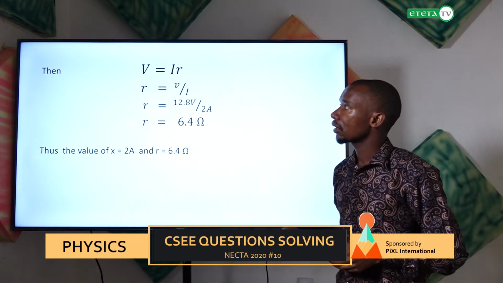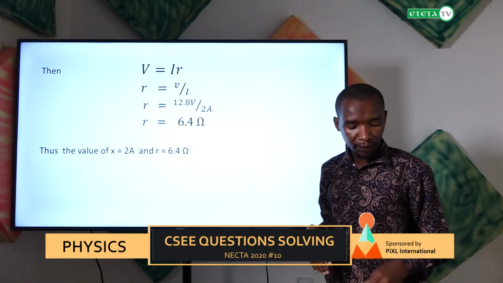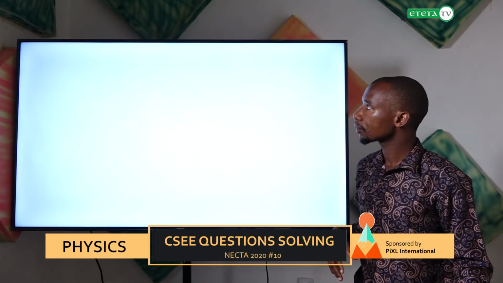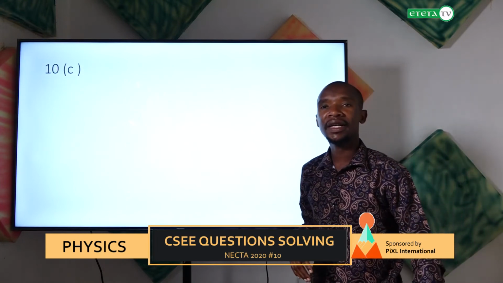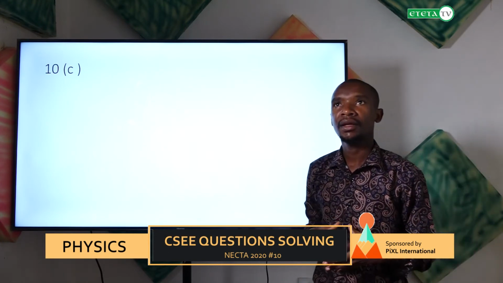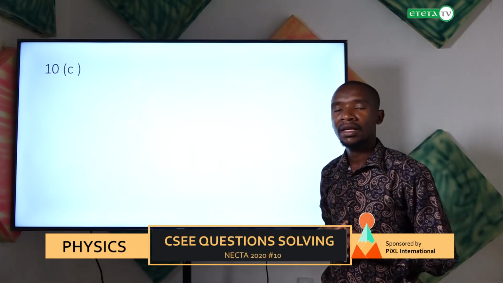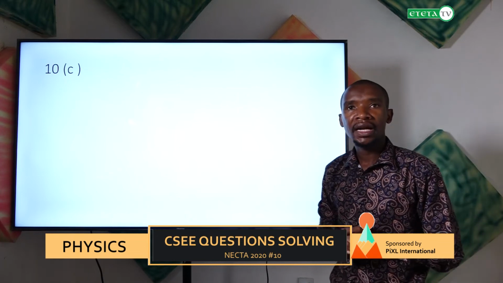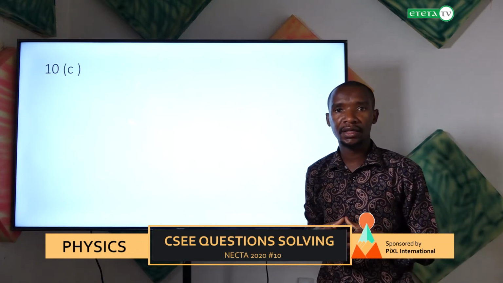Let us now go to part C. In part C, we were asked to find the effective resistor. Effective resistor means the total resistor. As I said in part B, our resistors are connected in parallel.